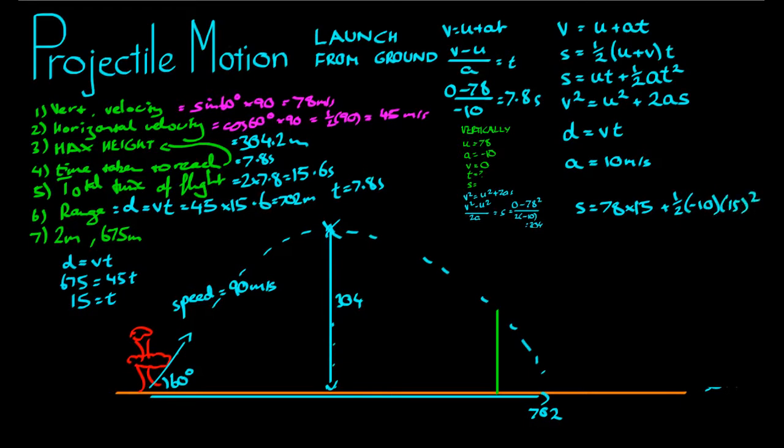And that comes to 45 meters in height. So at 15 seconds, the object is 675 meters to the right and 45 meters in the air. Now the man is only 2 meters tall, so it's pretty clear that it's going to go way over his head.